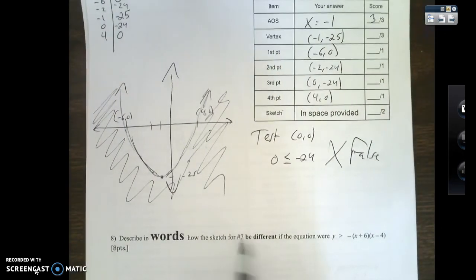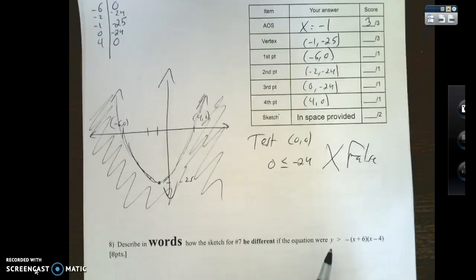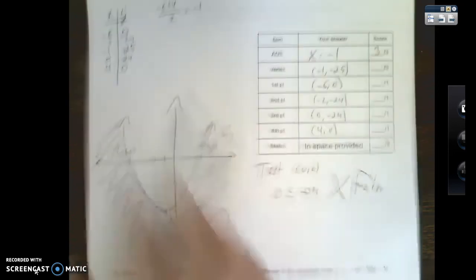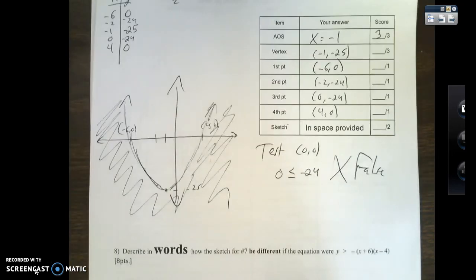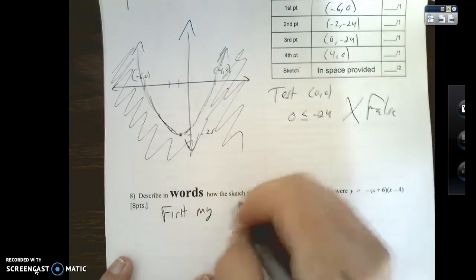Now, this one's a little trickier down here for the reflection one. In your own words, describe what will be different if the equation were y is greater than negative quantity x plus 6, x minus 4. So the only thing that's changing is there's a negative out front, and the less than or equal to is changing to a greater than. First, my parabola would be dashed.